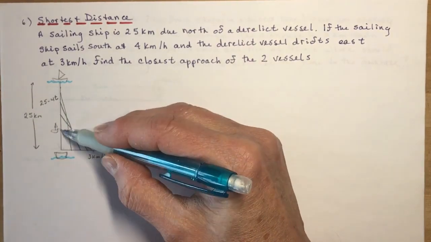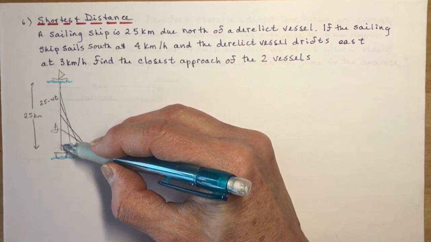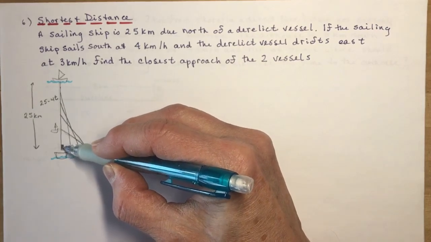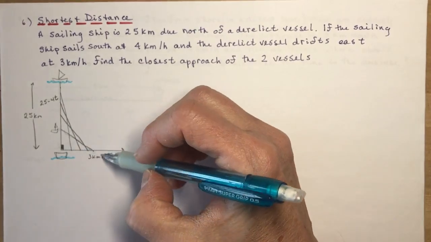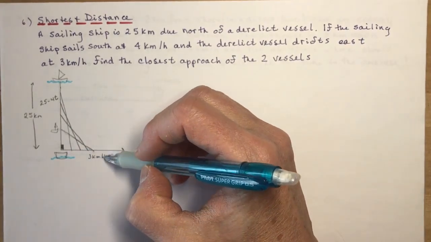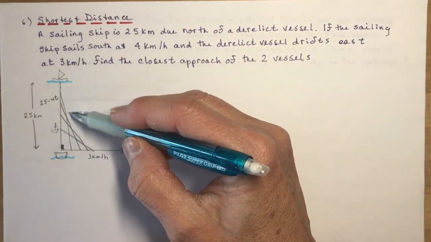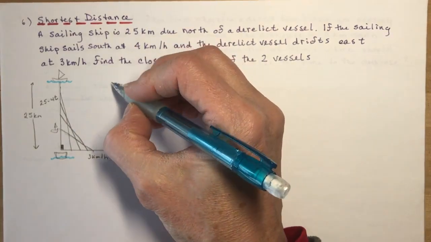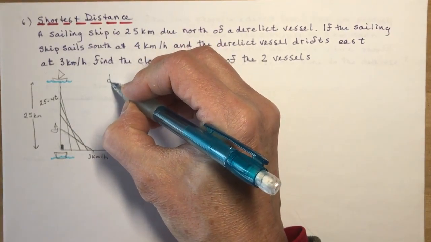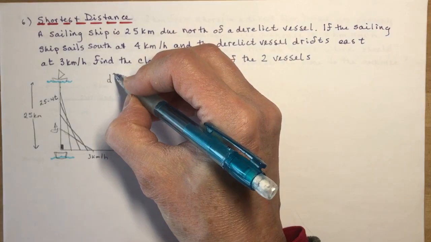So you can see that the distance is going to be the hypotenuse of a triangle. And so all we need to figure out is how far this one is and how far this one is, and we can figure out the distance. So the distance between them is just using Pythagorean theorem.